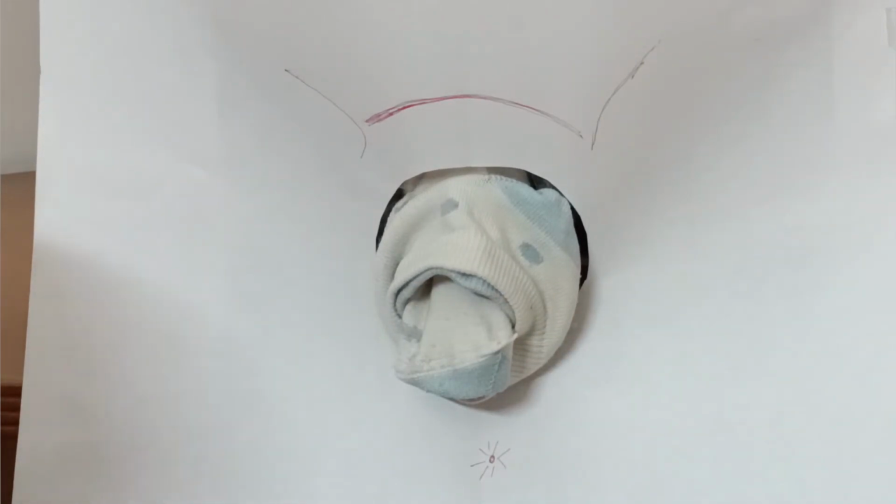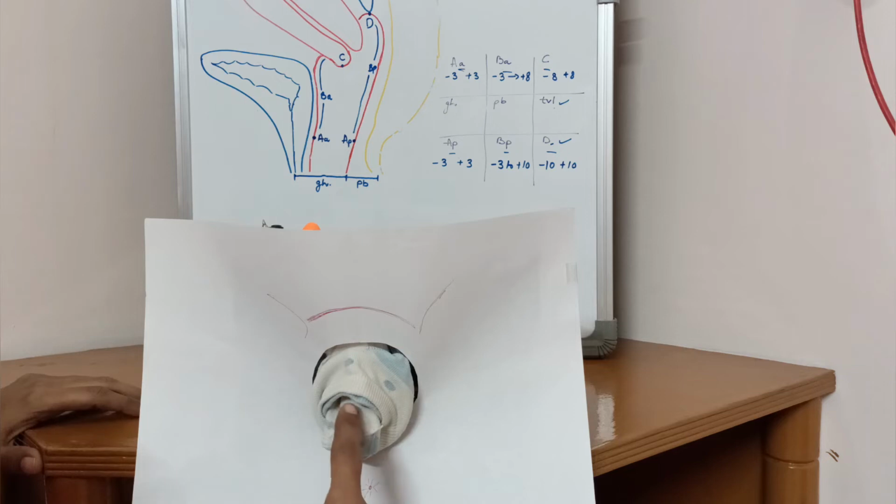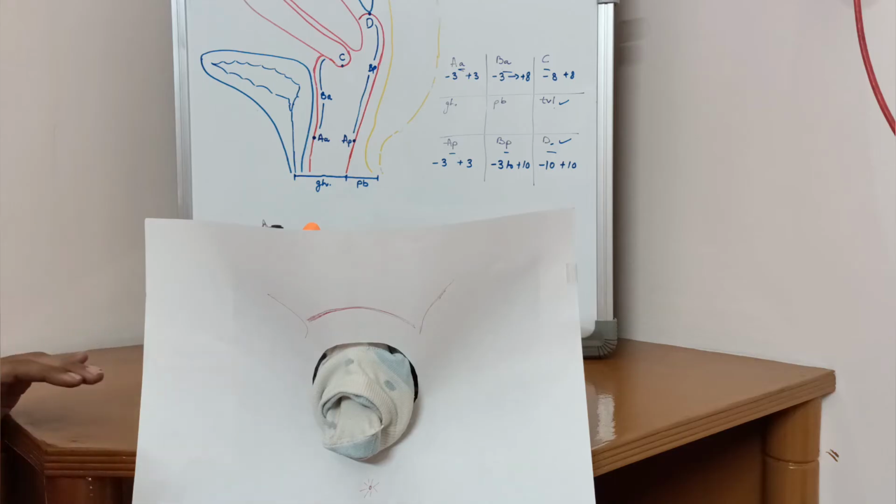So now next coming to the point BA. See, BA is the point that can be anywhere on the anterior vaginal wall, and it basically means that it is the most dependent point on the anterior vaginal wall. So if you can see the anterior vaginal wall, this part is the thing that has come most forward, right?